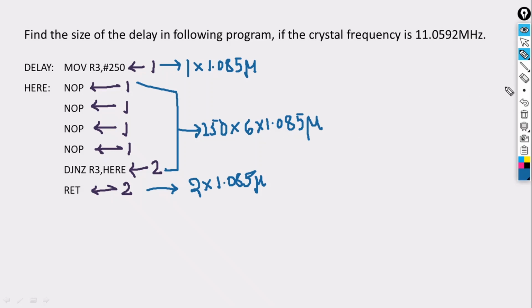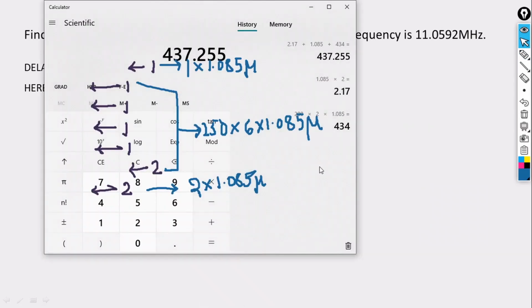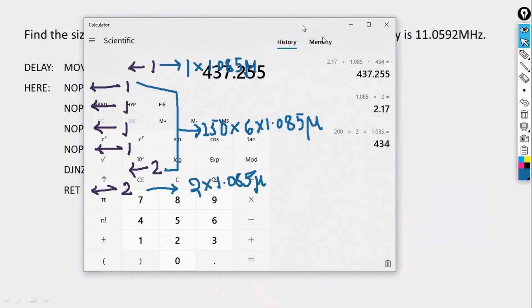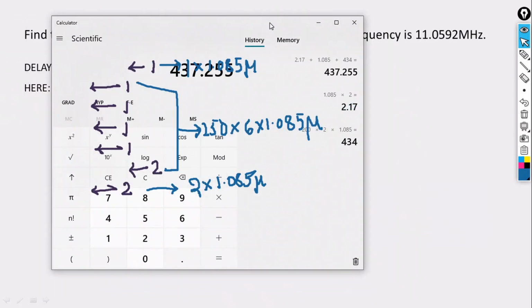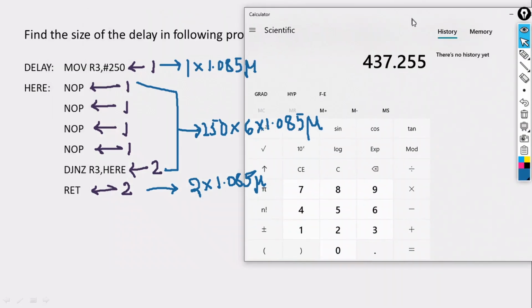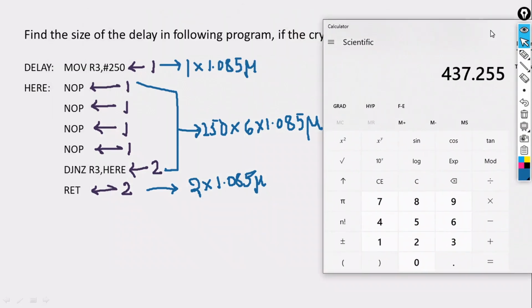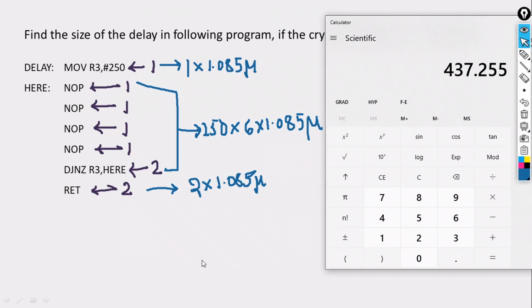So what is the time required for this? Let us calculate. Let me open up the calculator again, and clear this history. It is going to be 250 into 6 into 1.085 micro.